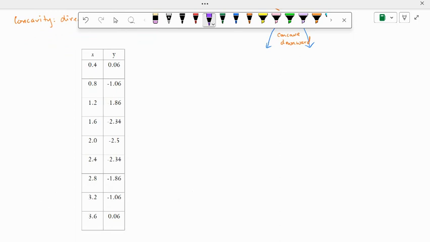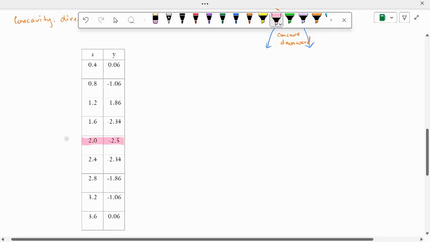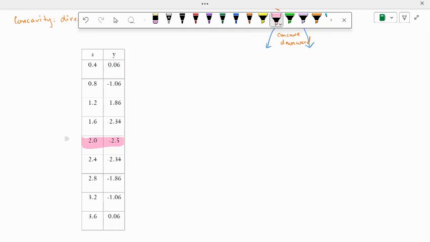And if I'm looking at this graph, based on what I know about quadratics, at my 2.0 comma negative 2.5, I see the same function values, y values, equidistant away from that.